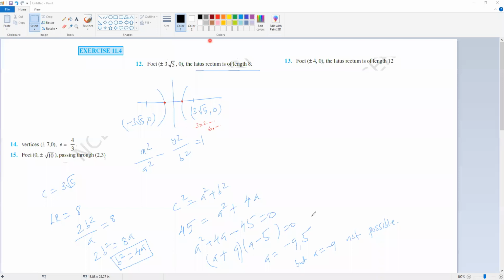That means you will get a is equal to 5.